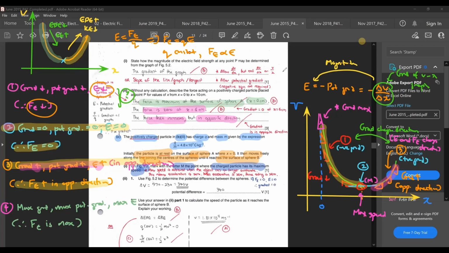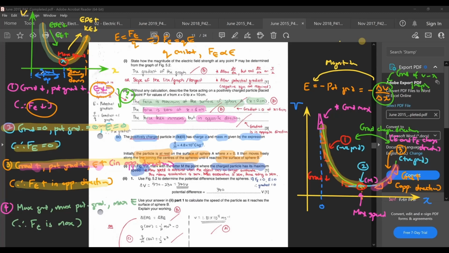So the conclusion is that from here to here, you're speeding up, and from here to here, you're slowing down. At this point, where you change from speeding up to slowing down, this point must therefore be the max speed.